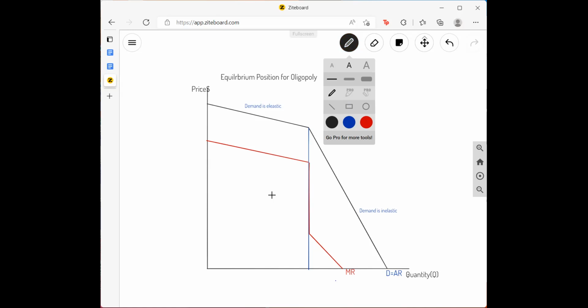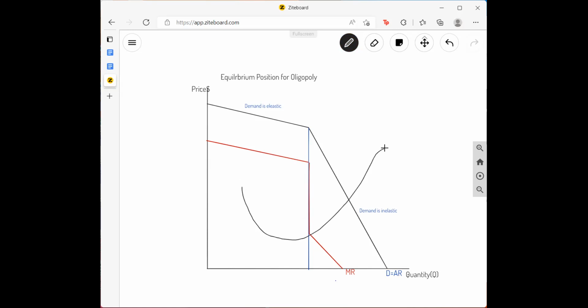So yeah, we draw our, where's the profit maximizing position? Remind me. What is the quantity or what is the position? Correct. MR is equal to MC. So for some reason it is here, right?